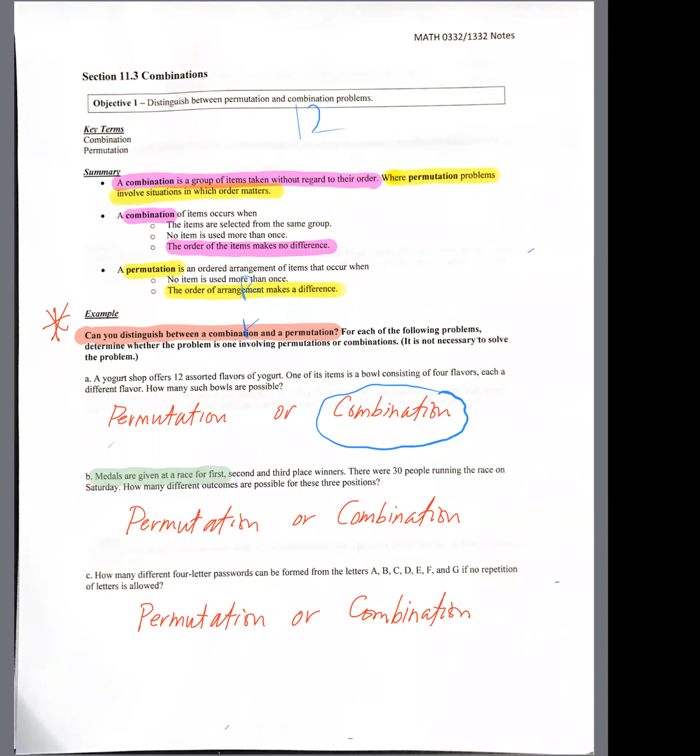So if you come in first and I come in second, or I came in first and you came in second, it's the same two people coming across the finish line, but the whole purpose here is it's an order, isn't it? Yeah. It makes a difference. So in this case, this one would actually end up being a permutation.